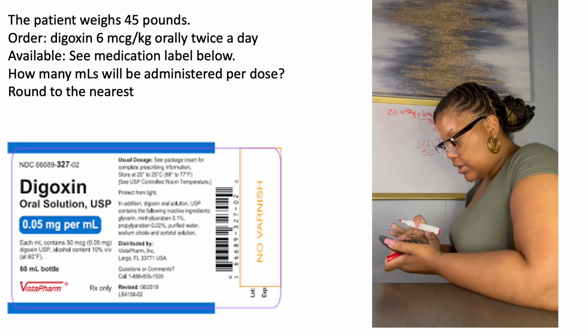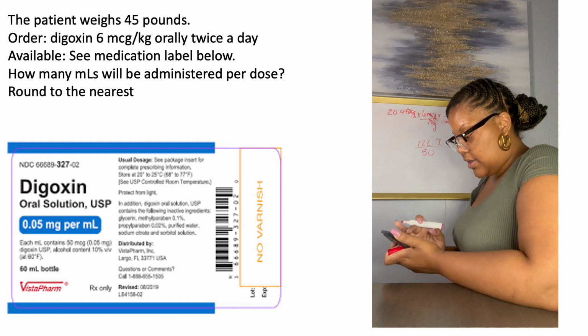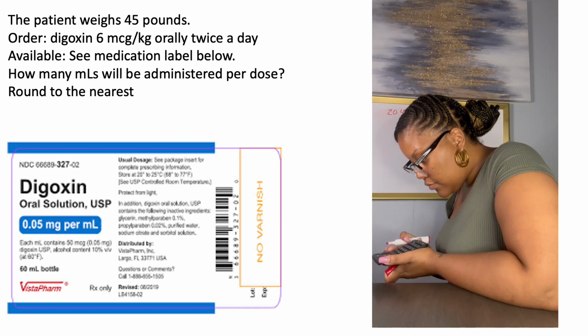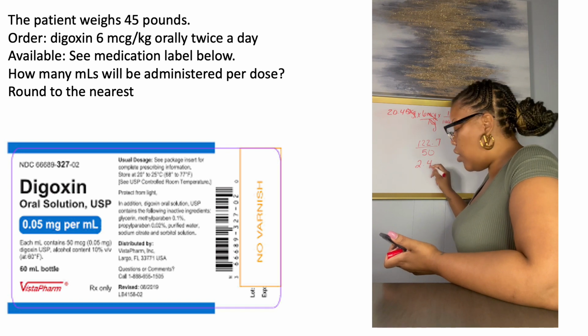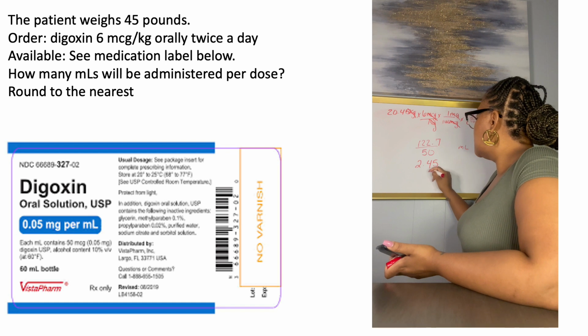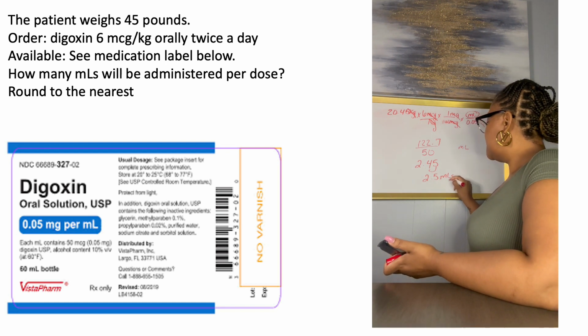So we're going to divide 122.7 by 50, and we're going to get 2.45. We're going to round to the nearest 10th, and our answer is going to be 2.5 mLs.